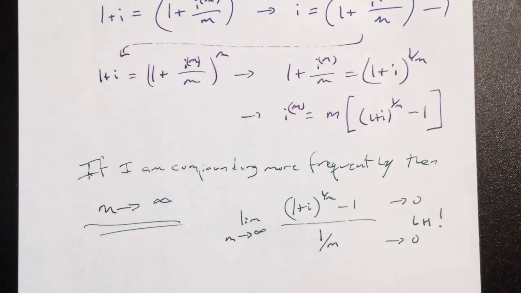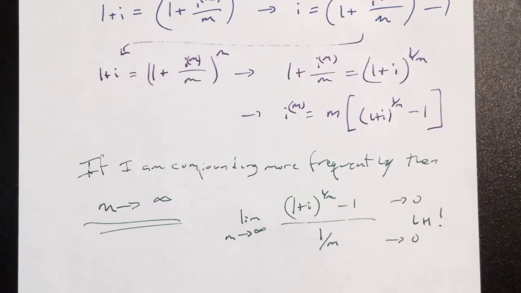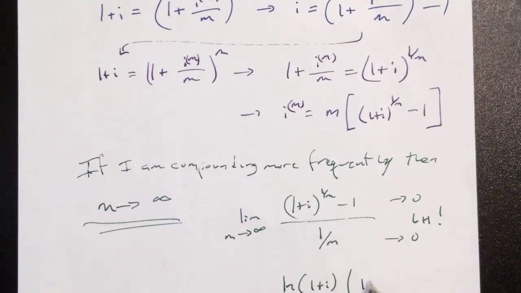That's an exponential, but its base isn't e. The derivative of e to the x is itself, so I need to take into account the base, and that means I get an ln of the base. It means I'm going to get an ln of 1 plus I. But that's not just an x up there, in this case it's an m. So I do the chain rule.